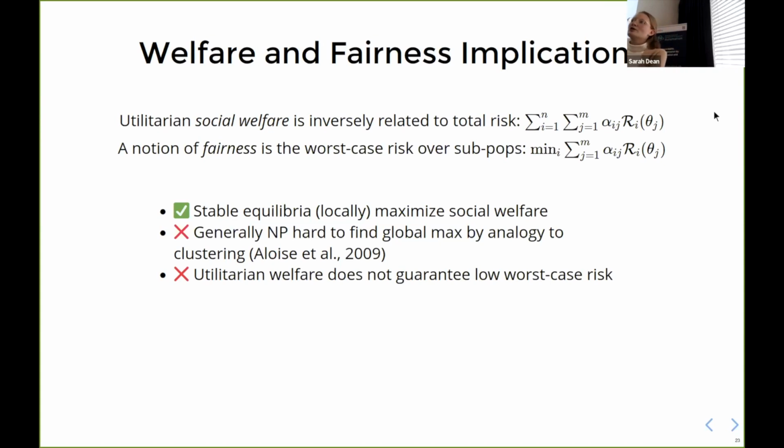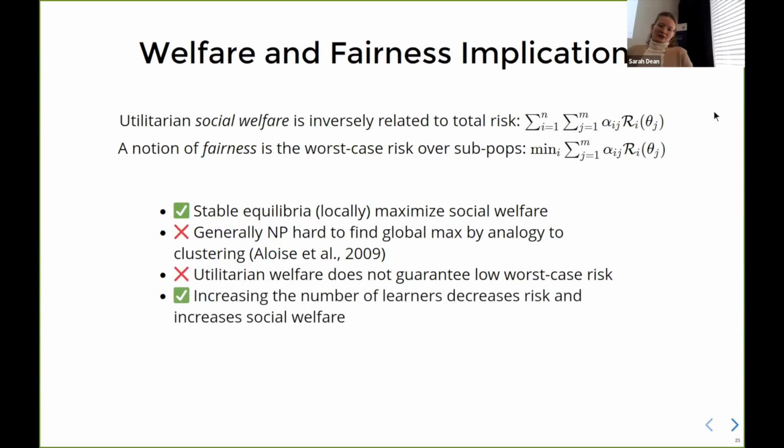You can have very small minority populations who don't contribute much to the average, but experience very poor accuracy of machine learning models. But the good news is that increasing the number of learners, so kind of adding an additional learner to the setting, will always decrease risk and increase social welfare. So there is at least one kind of quote unquote natural mechanism that allows you to move forward.